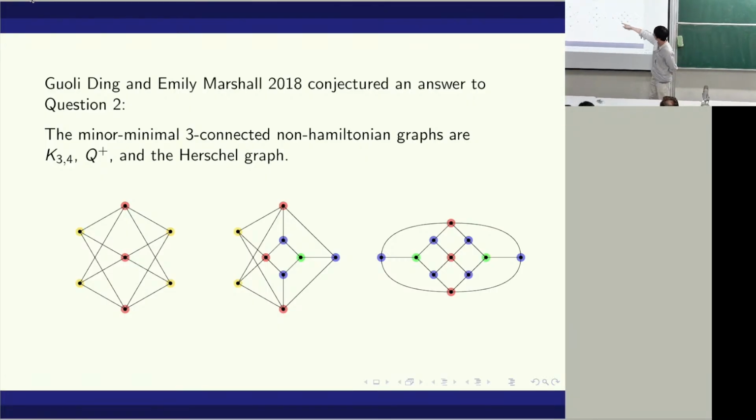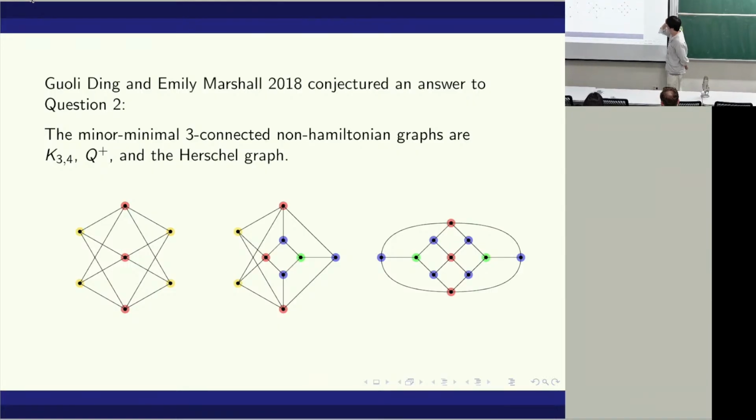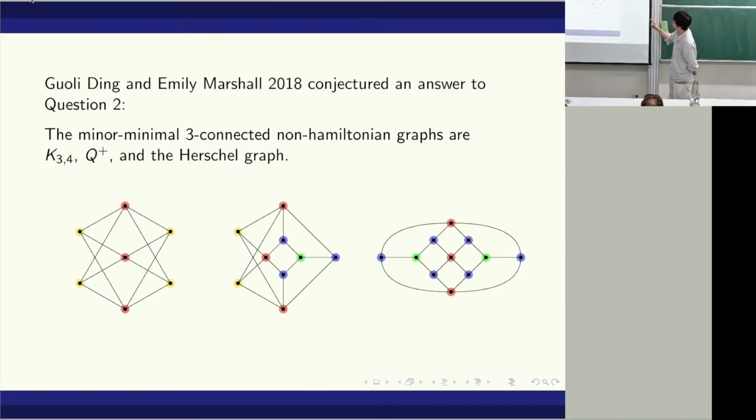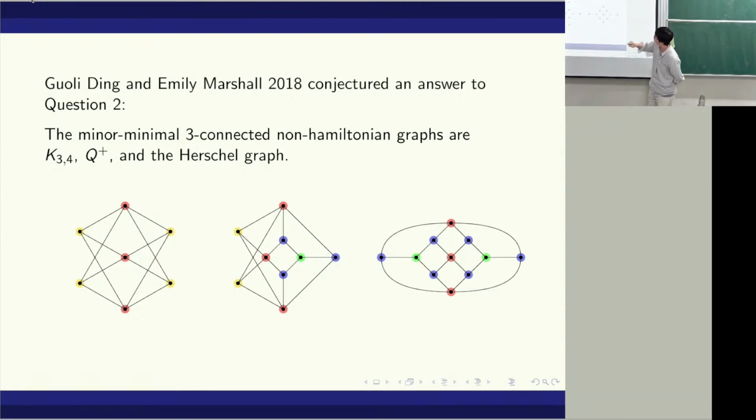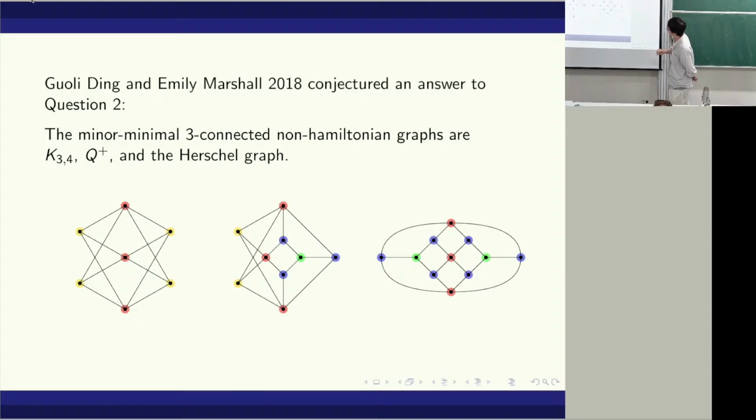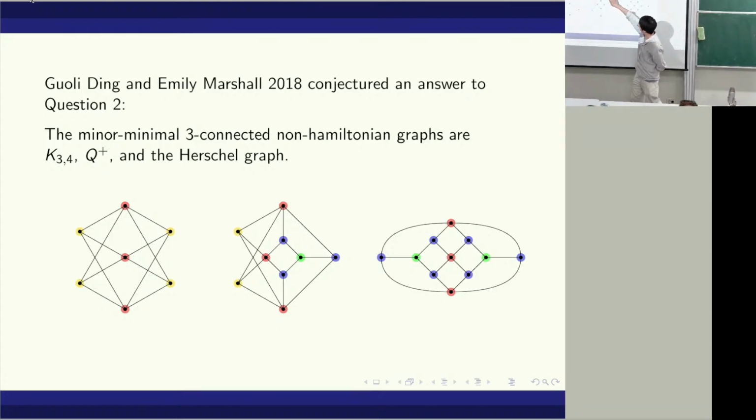Okay, this is the Herschel graph, which is known to be the smallest three connected non-Hamiltonian planar graph. This is planar. And K3,4 is, of course, non-planar. This one is Q plus. You can see that this is actually a cube plus one vertex joining these three independent vertices.